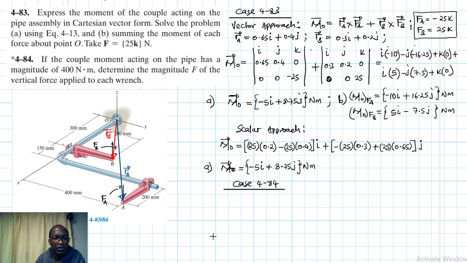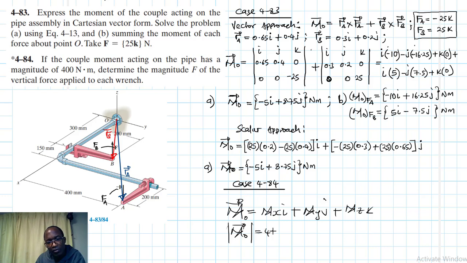So for this, we are going to use another approach. Okay, so we know that if we are to write this moment, it is equal to mx I plus my j plus mz k. All right, but we've already been given the magnitude, which is equal to 400.